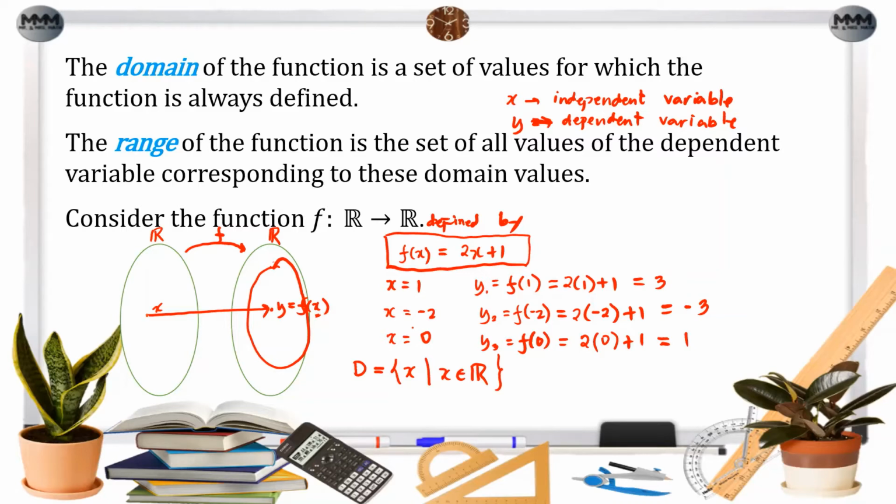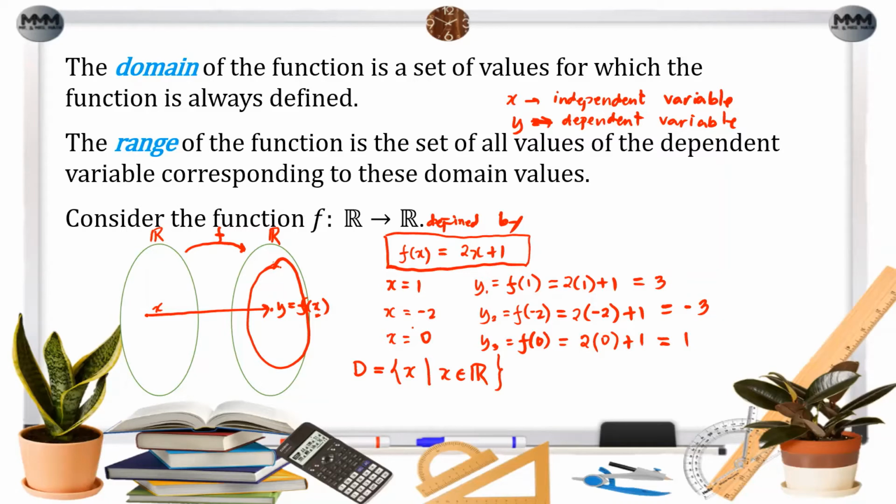Take note here that x is part of the domain. If we map this one, y is the image of x, right? y is the image of x. So this smaller set here of our codomain is the set of all images of our function, images of x. Hence, this is our range.